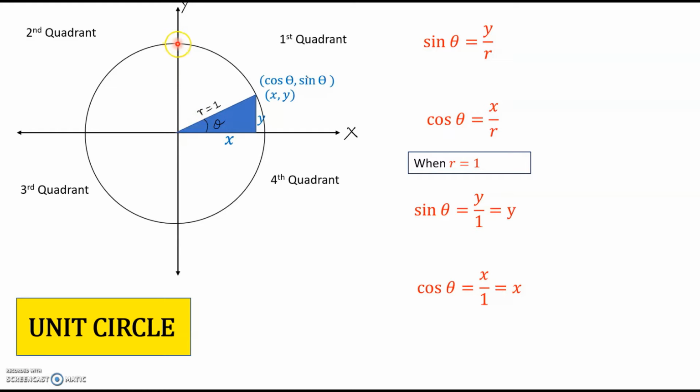So this coordinate here will be cos 90 comma sin 90, and this coordinate will be cos 180 comma sin 180. Similarly, cos 270 comma sin 270. If we make a full circle, this can also be defined as cos 360 comma sin 360.